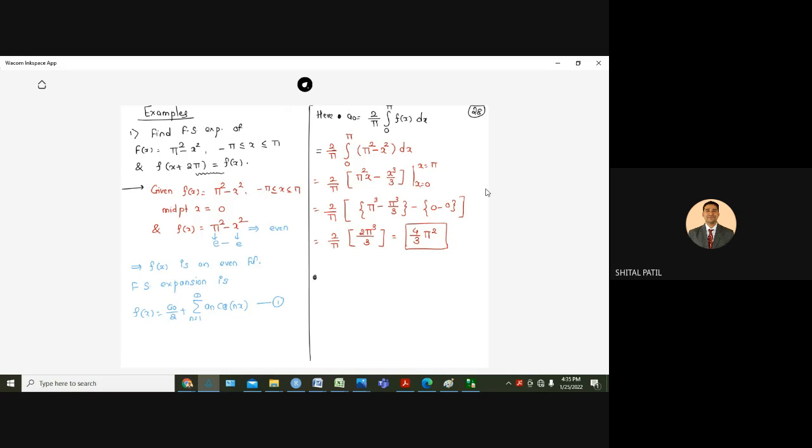Then the next is An. So we have to use Bernoulli's formula, the UV formula.